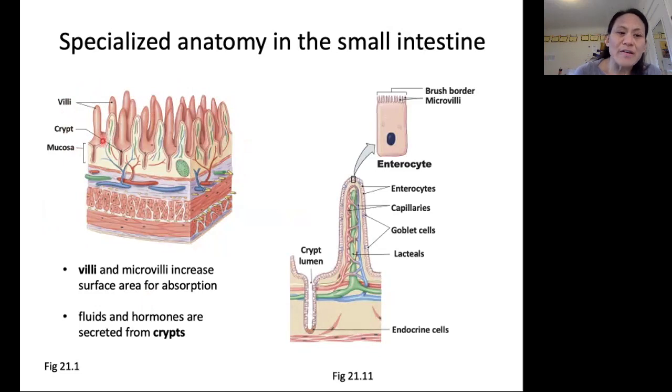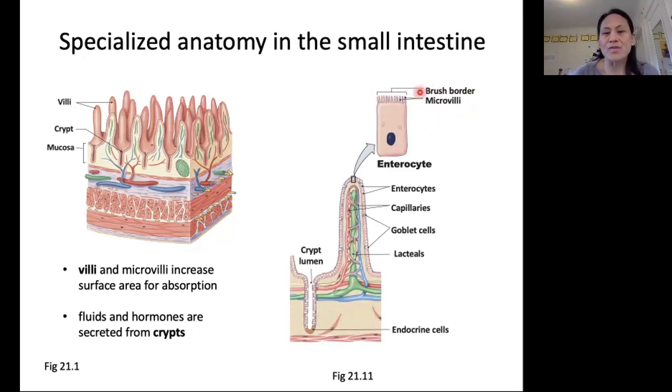In addition, if we look at the surface of a single villus, okay, so that's what's shown here, you can see that we have epithelial cells that are on that surface. Each individual epithelial cell has little finger-like projections too, called microvilli. Okay, so those further increase our surface area for absorption.